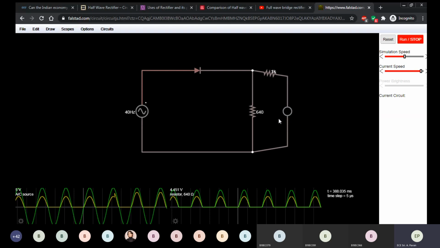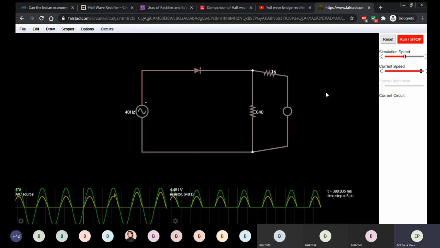So if the LED is glowing, it means there is a DC signal in this entire waveform. That's why the LED is glowing. Otherwise the LED will not glow. This is fine. So in this pulsated DC, we have both AC and DC. That's why this LED is glowing. Similarly, let us see the full wave rectifier.